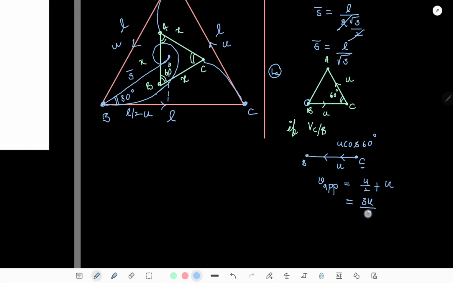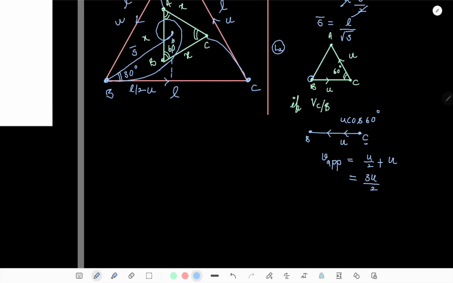That is the velocity of approach between C and B.